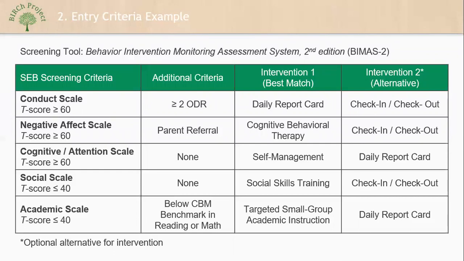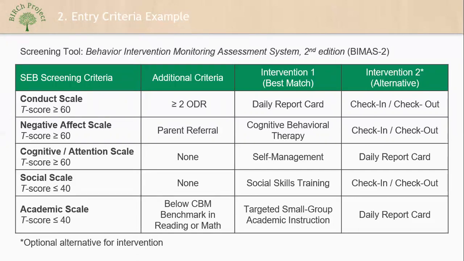So for example, if we want to connect students to tier 2 intervention, we may say that a student with a T-score above 60 on the conduct scale, which would place them in the some risk range, might match best with a daily report card intervention, intervention 1. There also may be some benefit for the student to receiving check-in, check-out.